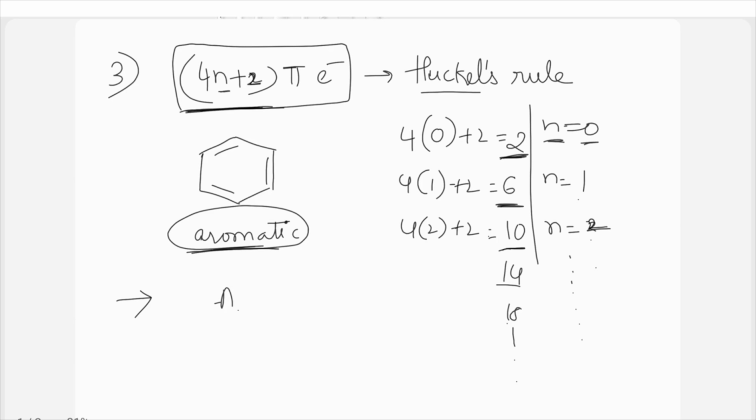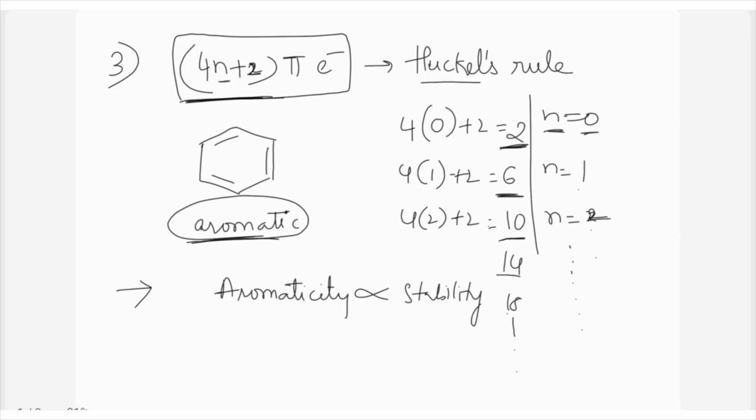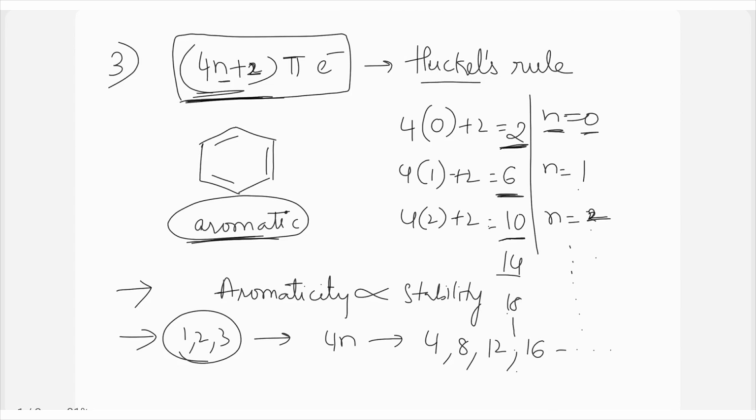So aromaticity, what it does, it increases the stability of the molecule. Aromaticity is directly proportional to the stability of the molecule. Suppose a compound satisfies all the 1, 2, 3 conditions but has no 4n plus 2 pi electrons, it has only 4n pi electrons, where the number is equal to 4, 8, 12, 16 and so on.